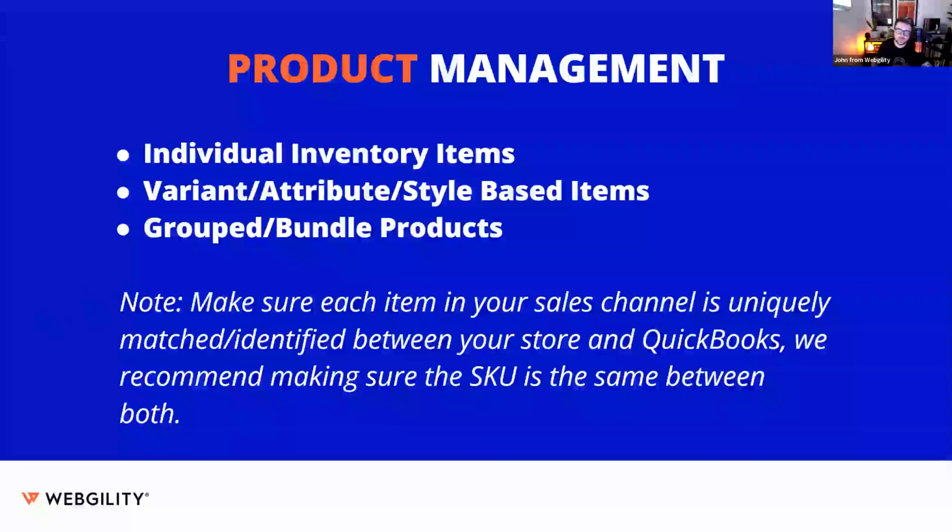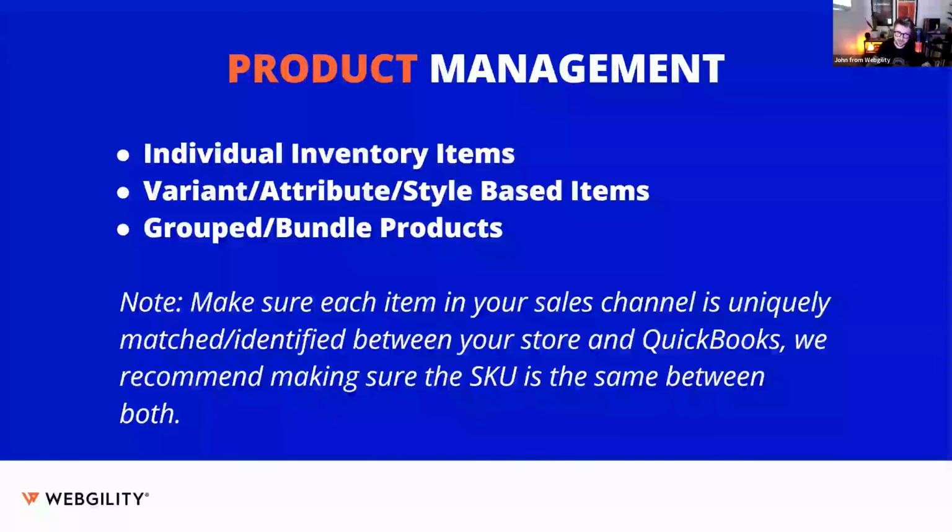But we need to know on each side which product you're trying to keep in sync or pull data from. So if an item is sold on your Shopify, let's just say a pair of headphones, we can see that a pair of headphones was sold on Shopify, but if you want the inventory to be subtracted and you want the expense data and the COGS data to be continuously tracked, we need to know inside of QuickBooks where that item exists.